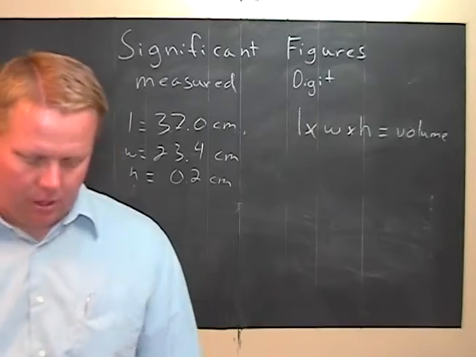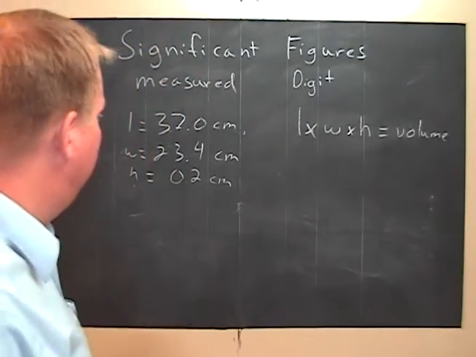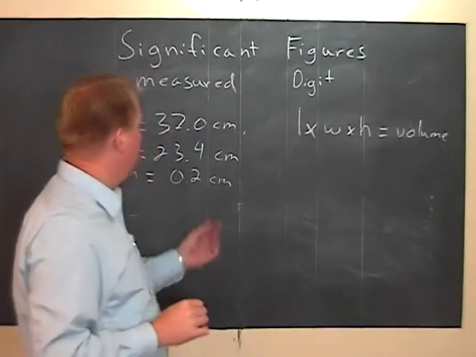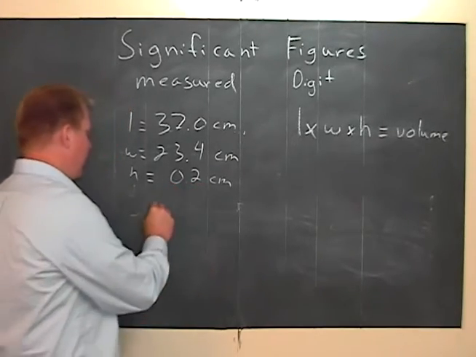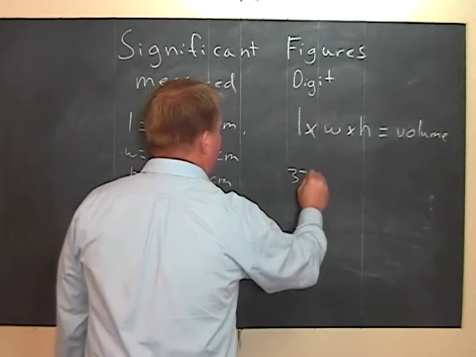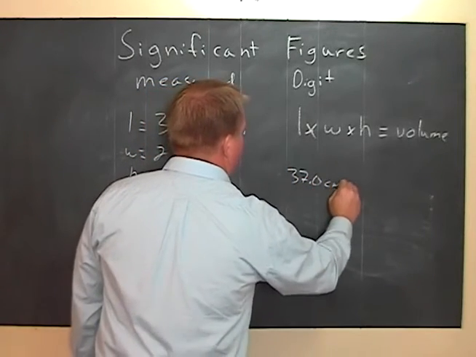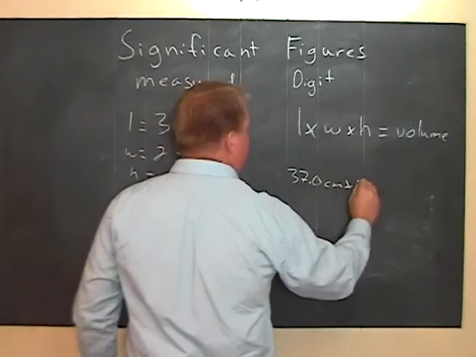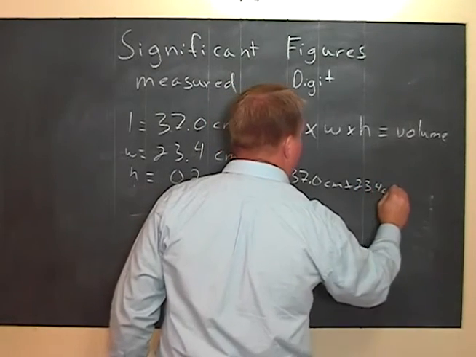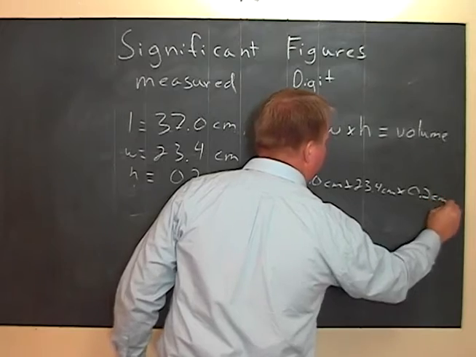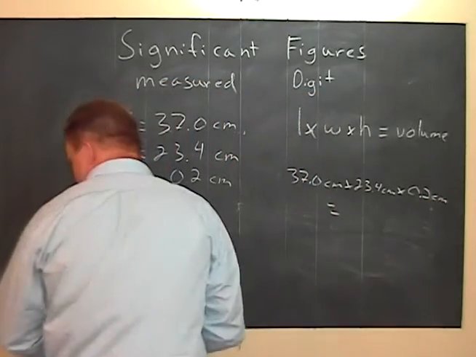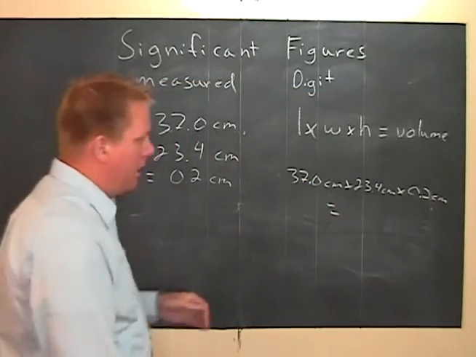Now when we do our math on it, remember we can only keep the number of digits in the answer that we had in our least significant number going into the problem. So we have our 37 again, times our 23.4, times 0.2 equals, ran out of space on the board there.